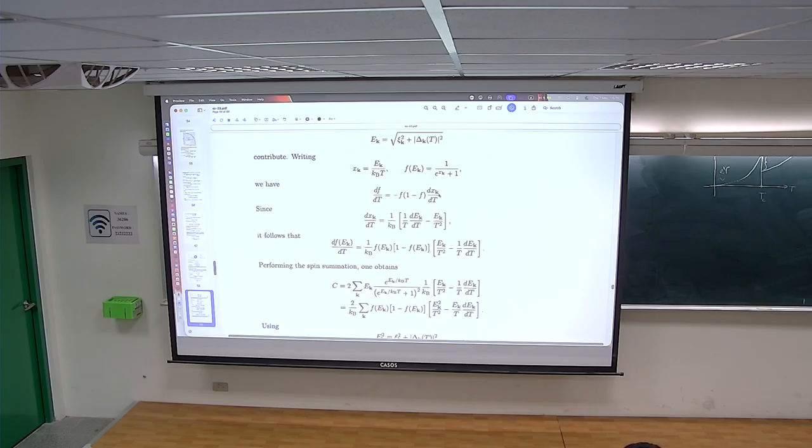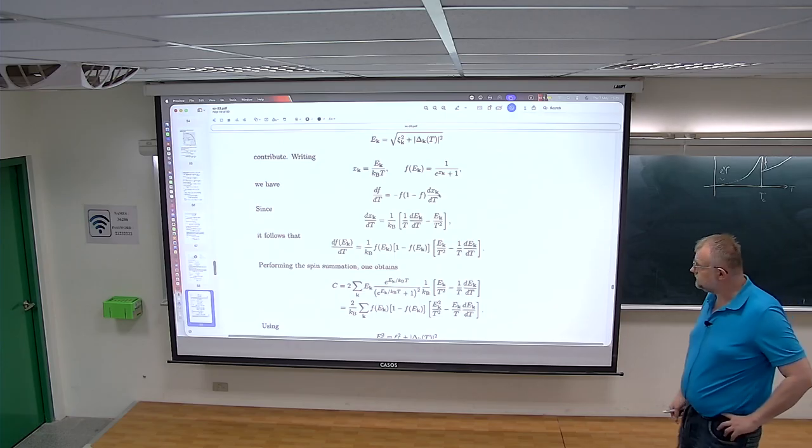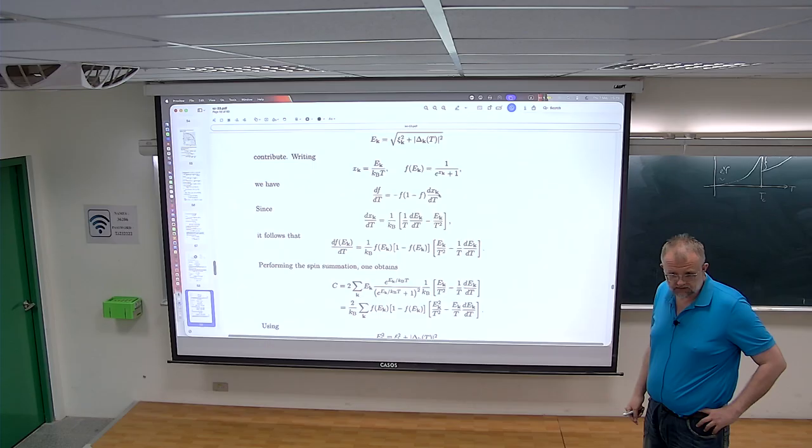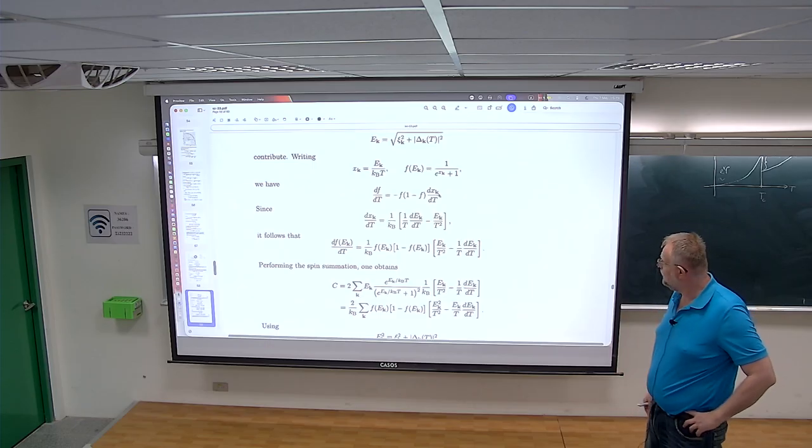And now if I take the derivative of that with respect to temperature, I first need to differentiate this as a function, you can check it, and then I need to differentiate this guy with respect to temperature. But I'm telling you, this depends on the temperature in 2 ways. Temperature is hidden here, and the temperature is hidden here. So if you take the derivative of that, you will get this thing. You can check it in detail, but I'm just telling you how it comes out.